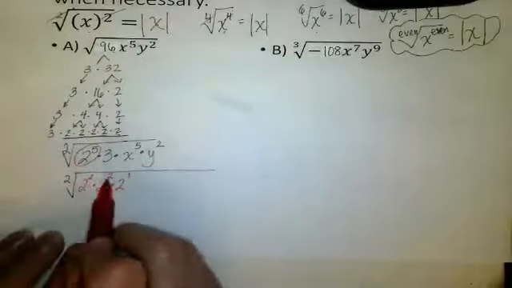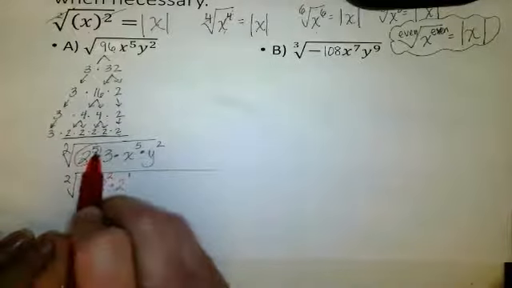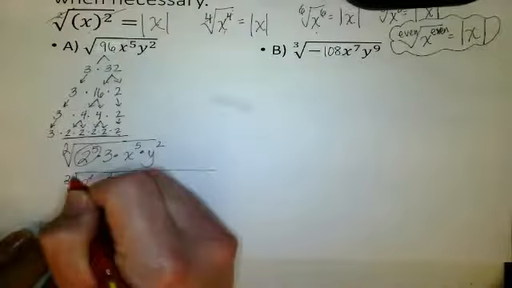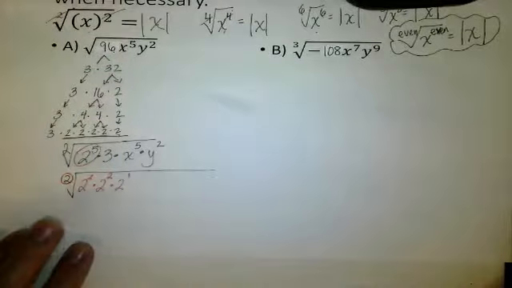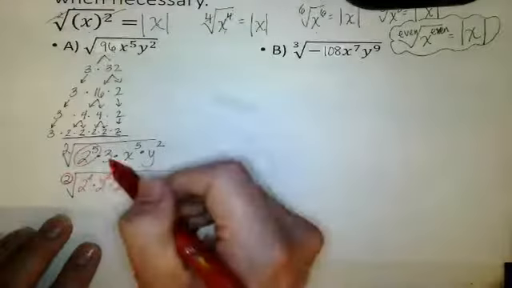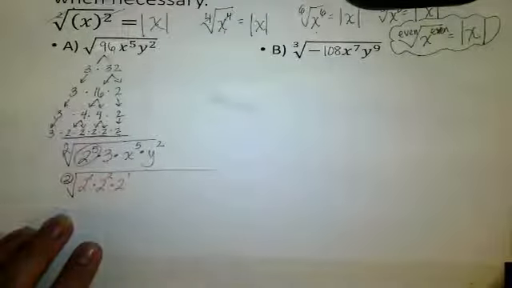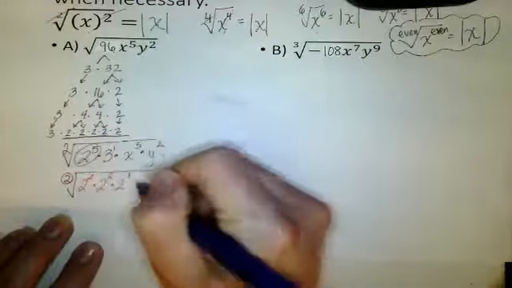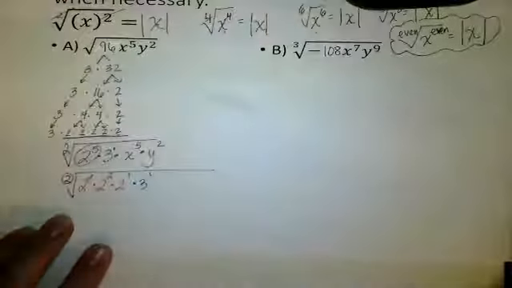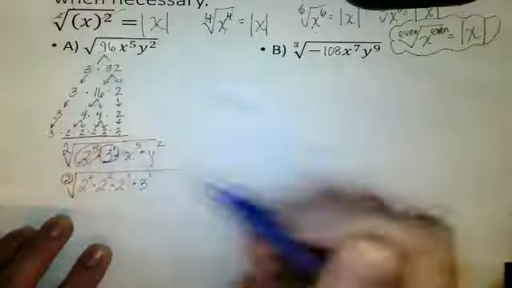So 2 plus 2 is 4, plus 1 gives me 2 to the 5th. Okay. Now I'm choosing 2's because that's what my index is. I want as many 2's as I can get. I can't do anything with the 3. It's just 3 to the 1st power, so I'm going to leave that there.